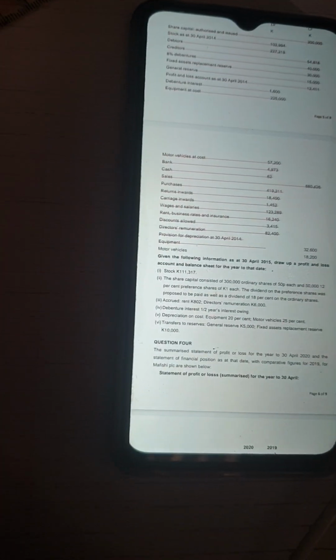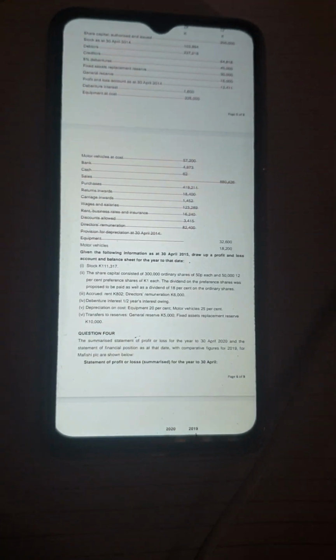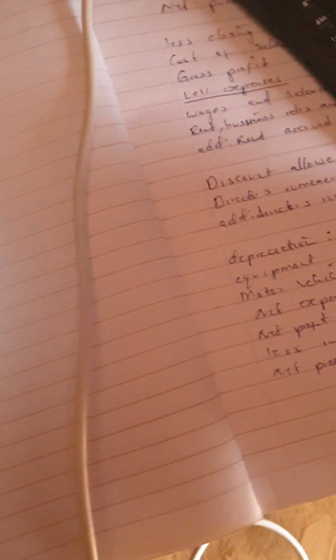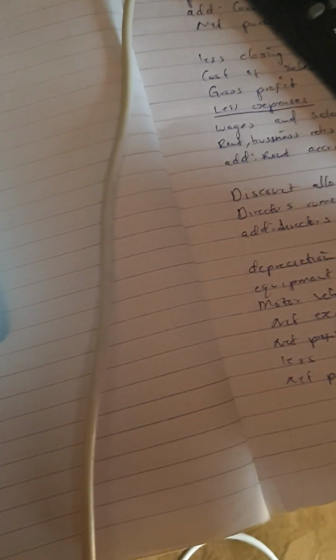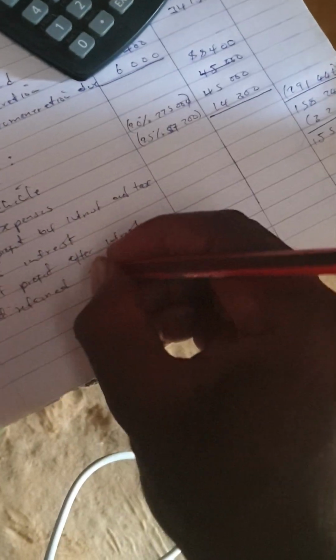Okay, so in our case, first of all, we should not forget retained earnings, because this is the profit that was made in the previous year. So to this figure, we're going to add our net profit from the previous year, which we call retained earnings.